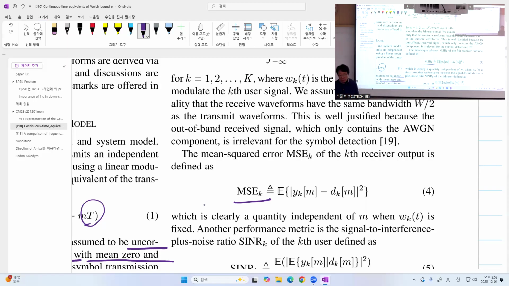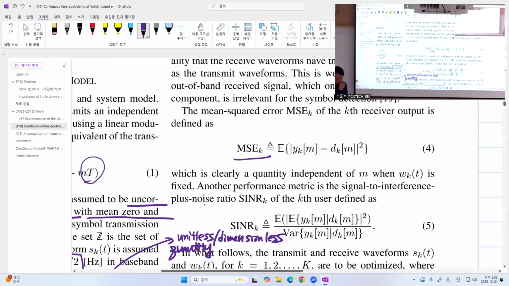And we may define SINR, and this may look strange, and you may not love it. Expectation is something, but here goes the absolute value, so you may hate it, but anyway, just focus on mean squared error first. Ready? Let's talk about this later because it's confusing yet.